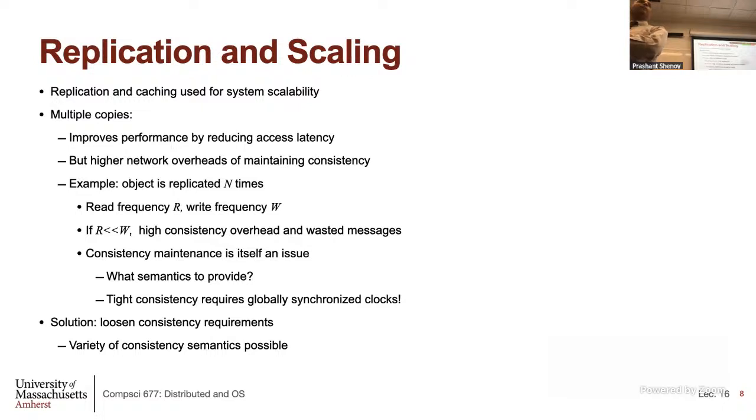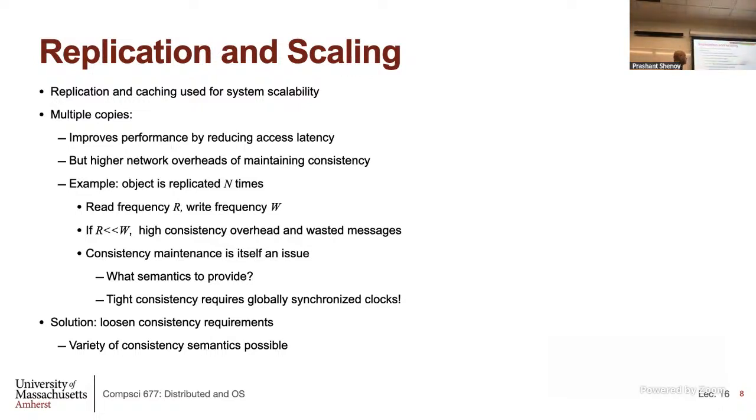That's the cost you pay. And the benefit of replication is, of course, now there are more copies, so you can service more requests. You can scale up. That's a benefit. So you can do a very simple cost-benefit analysis to see under what scenarios the benefit of replication is going to be greater than the cost of consistency that you have to pay for that replication. So that's the question.